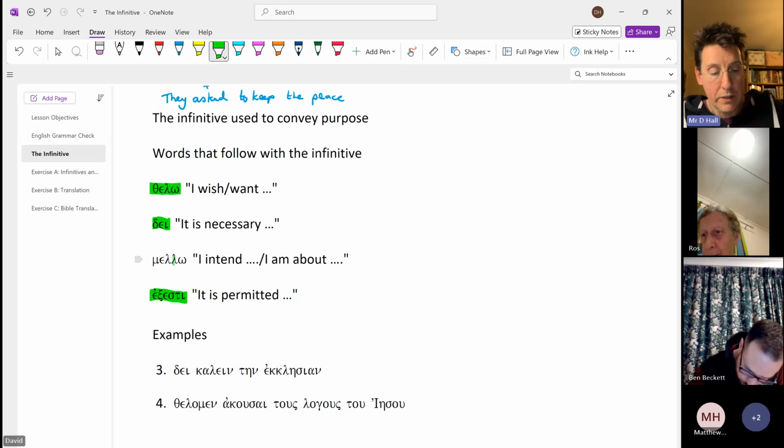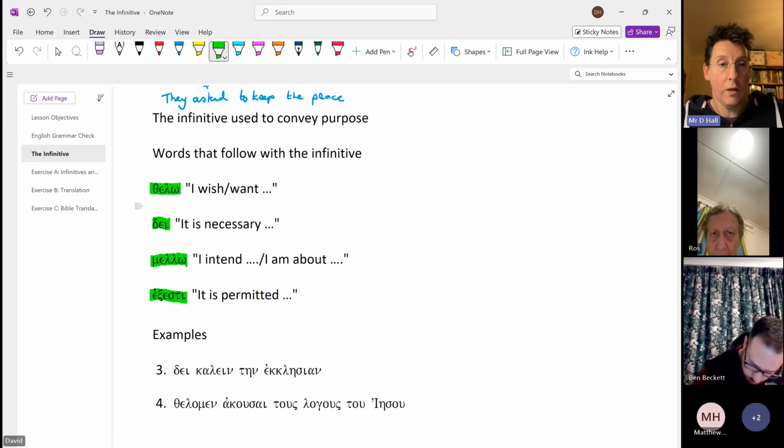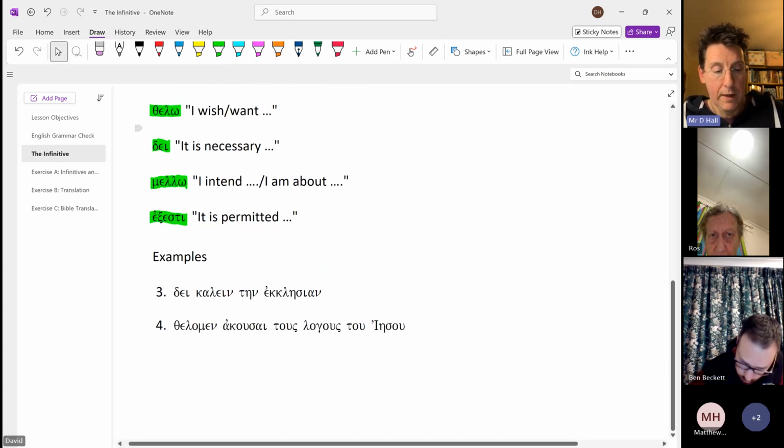They only come as those words, and they will be followed by the infinitive because they are giving some kind of purpose. And then you've got mello, which is another verb, meaning to intend, or I'm about to. Again, that will have endings similar to thelo. So these 4 verbs are ones that we need to be aware of.